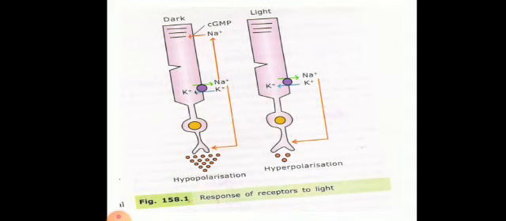So when the retinal cells are inactivated, there is no impulse being conducted along the visual pathway. Just keep that in mind. I'll take you to the visual pathway after a few slides. Now look at the second picture.